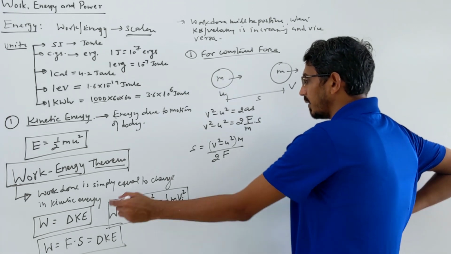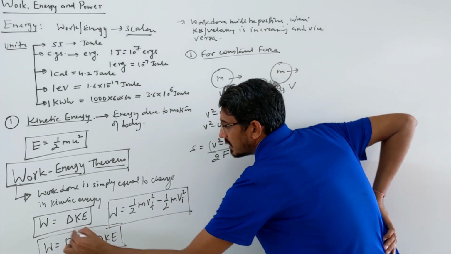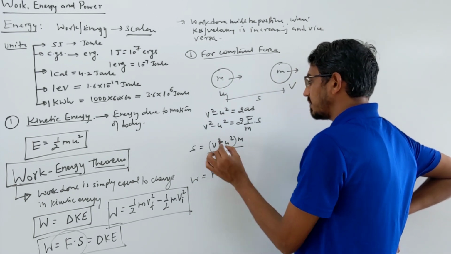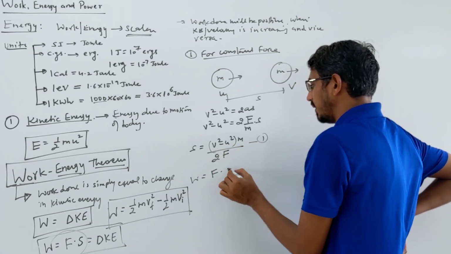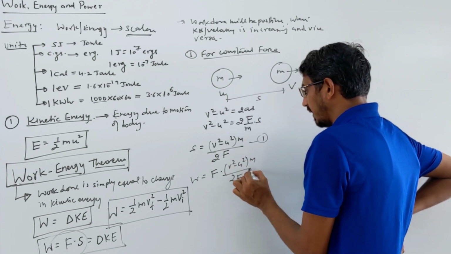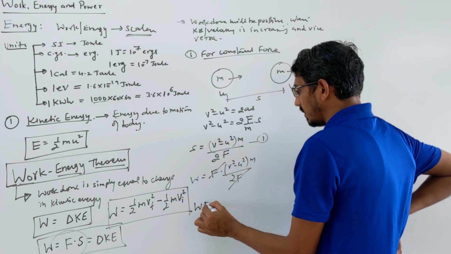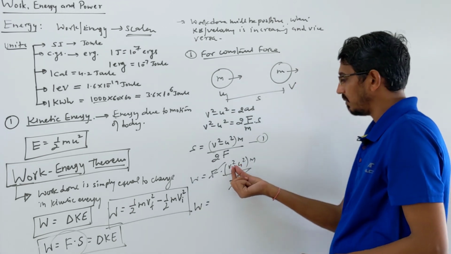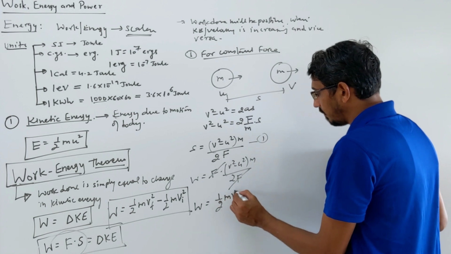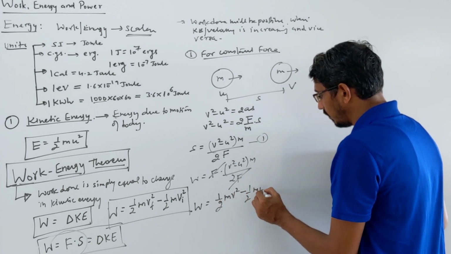Now look here, work done is force into displacement. So work done in this case is force into displacement with this term, v square minus u square into m upon 2F. F gets cancelled. Work done is equal to, if you watch carefully, v square minus u square into m, so I can write half m v square minus half m u square.